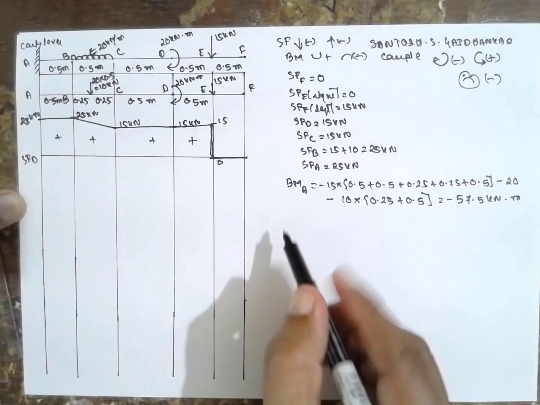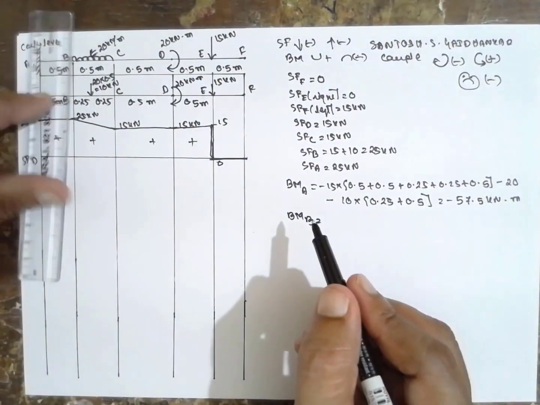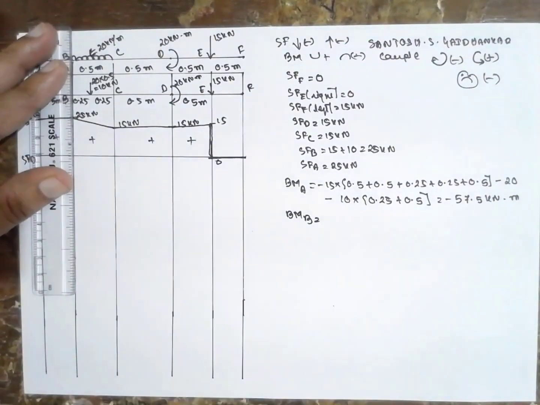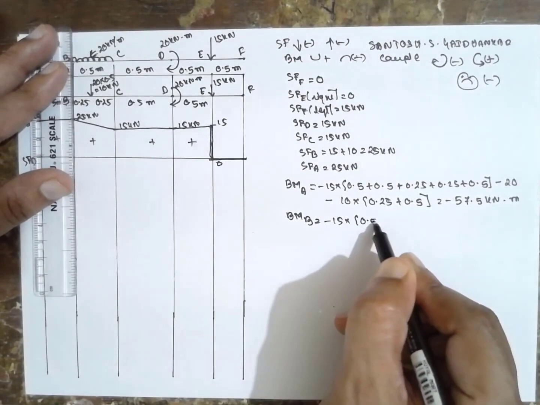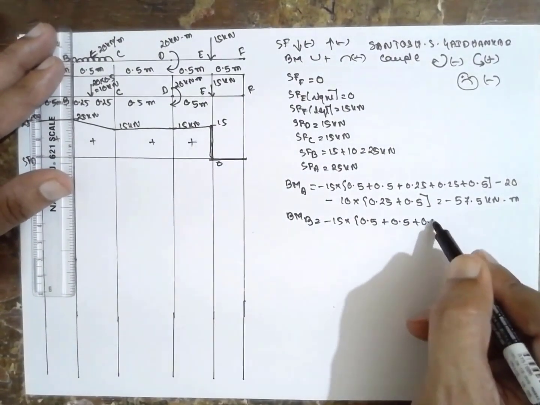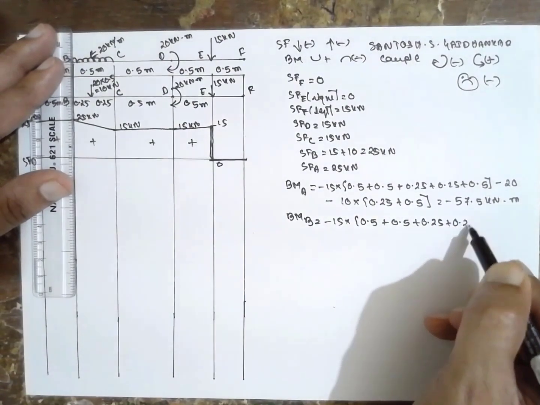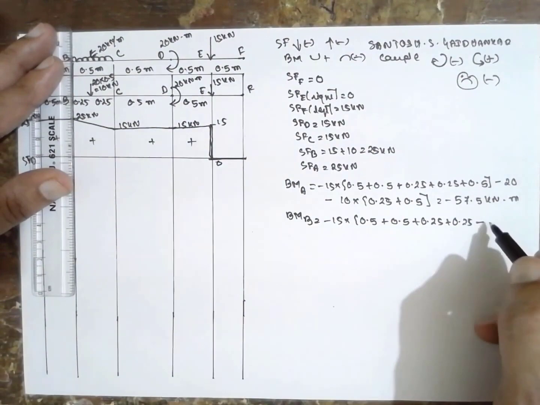Then I will consider bending moment at B. This part I am considering. I am leaving that part. Now minus 15 into distance, that is 0.5 plus 0.5 plus 0.25 plus 0.25, minus couple, because clockwise I will consider as a couple.